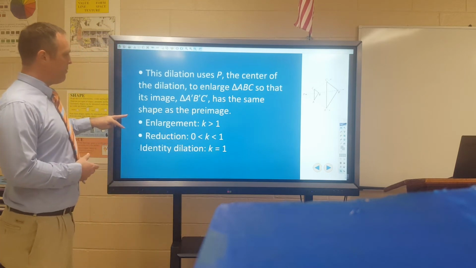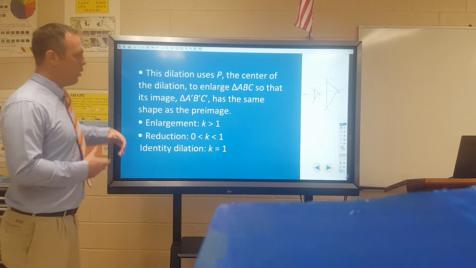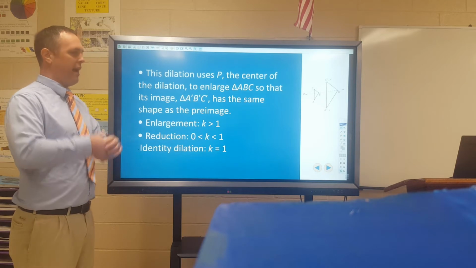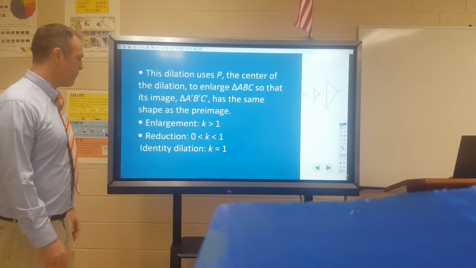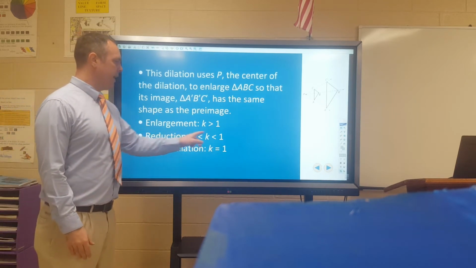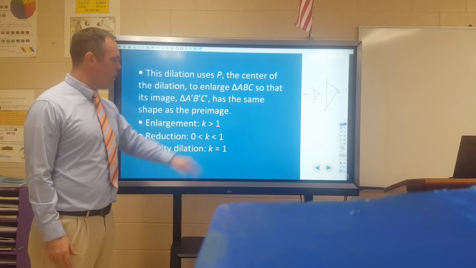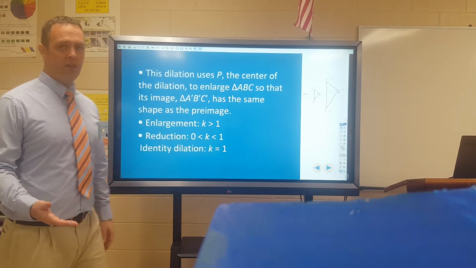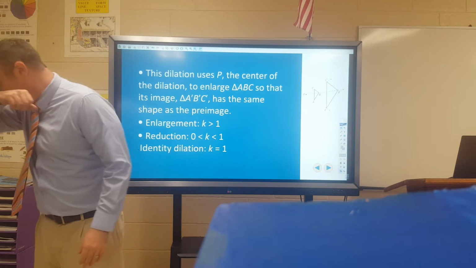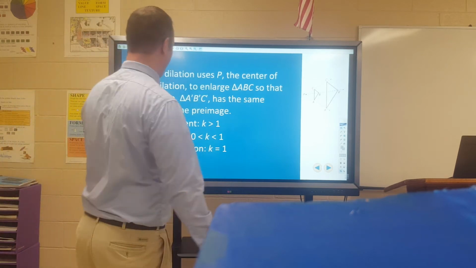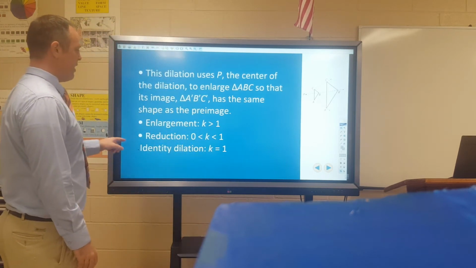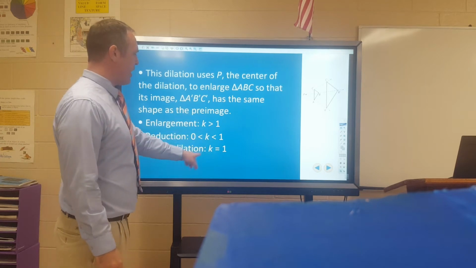You have 2 types here. Enlargement, where K is greater than 1, like we're talking about, 3 or 4 times larger. Reduction, where K is in between 0 and 1. It's going to be a fraction, so we've got a fraction of the size. Identity dilation is K equals 1.